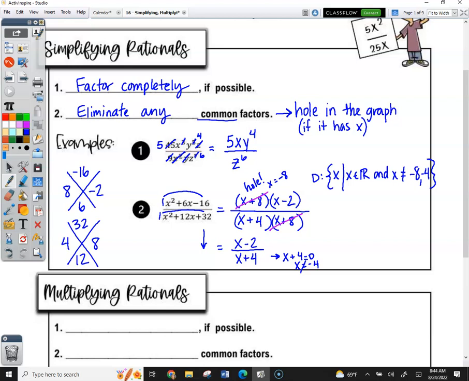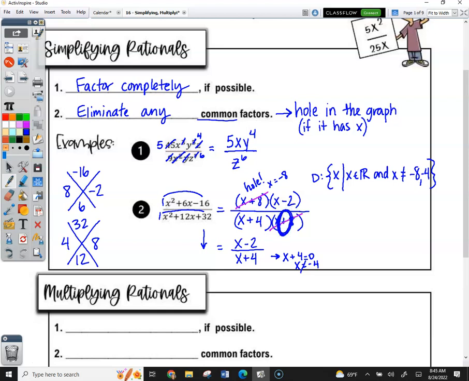It means that when you're graphing, that negative 8, because if you think about it, if I plug negative 8 in, it doesn't matter which one you plug it in. If you plug it in the top, you have 0, but if you plug it in the bottom, what do you get? Once again, on the bottom, if I had a negative 8 right here, I'd get a 0.